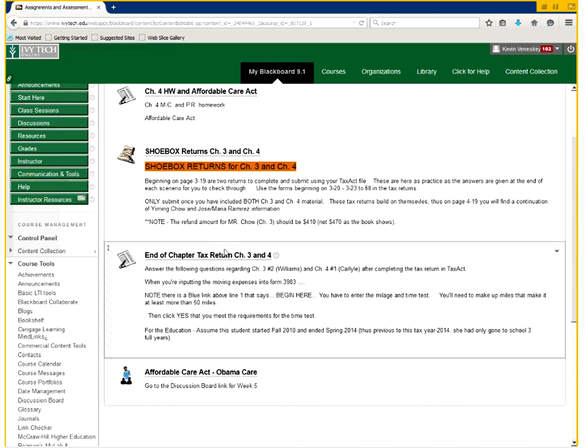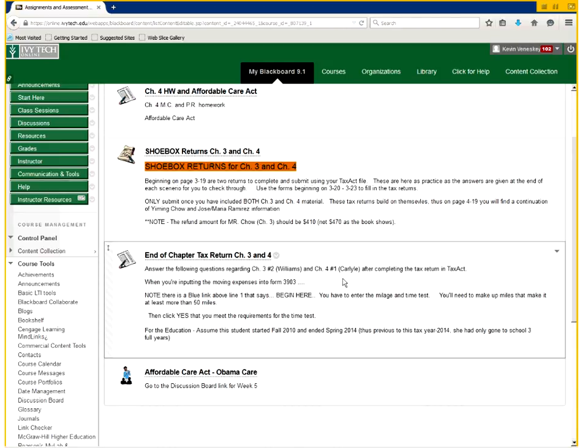When I may ask, what is line 7 of the 1040, you'll type in whatever your tax return says for line 7. And some of them, just to make it a little more interesting, I've put on there, and the answer will be 0. Like I may just randomly say, what's line 12 of the 1040? And you'll look down and you'll see business income, and we haven't even talked about business income, or there wasn't anything in the chapter about that in the return, and so you just answer 0.